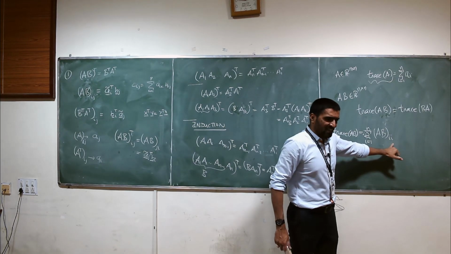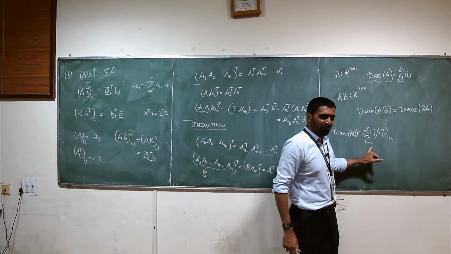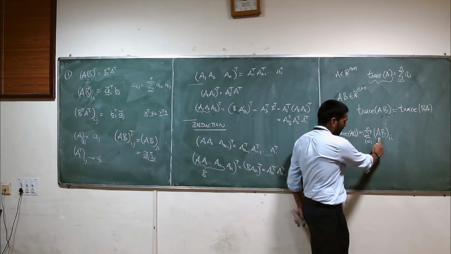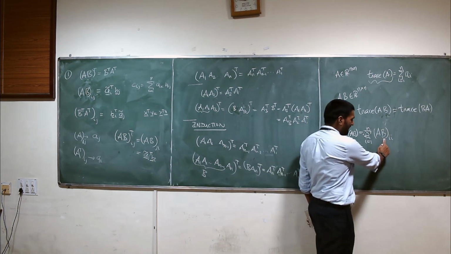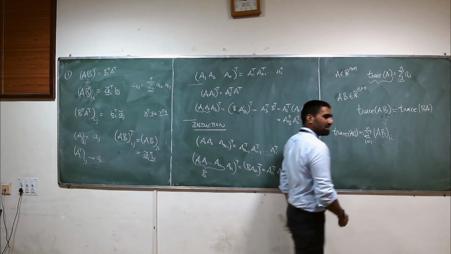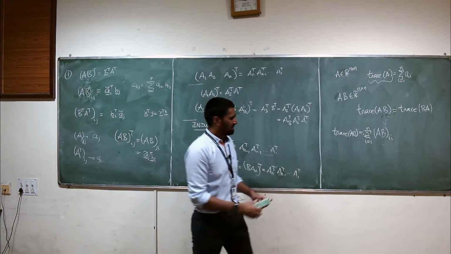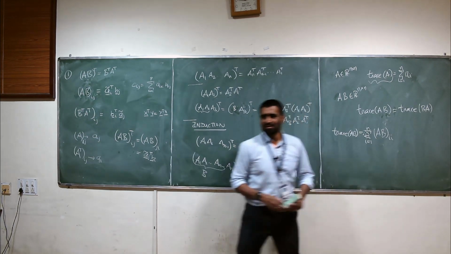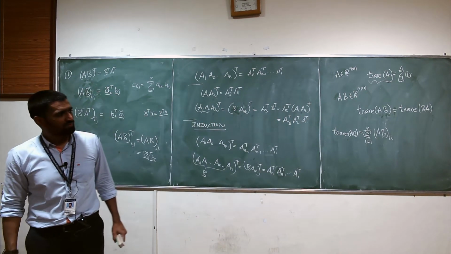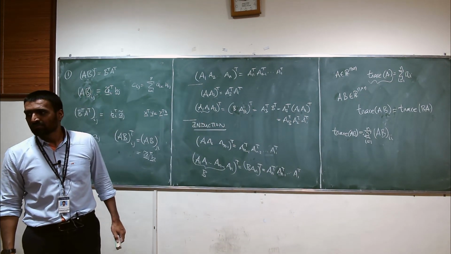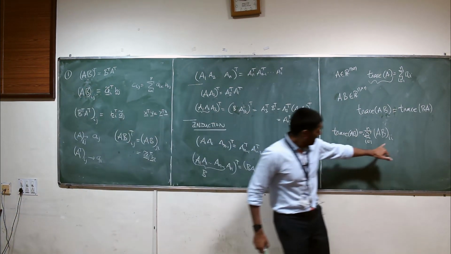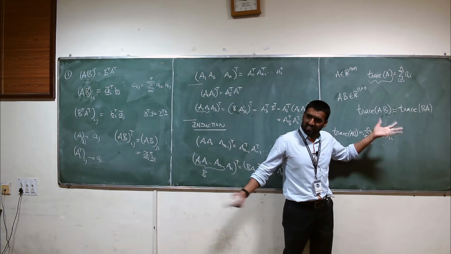The sum of the diagonal elements of AB will give you the trace of AB. How do you compute the diagonal element of this matrix AB? It is the product of these two matrices. The reason I have written ii is because i and j are indices.